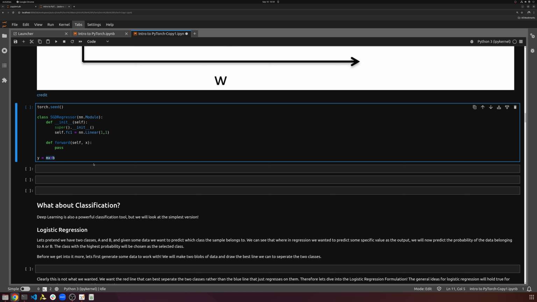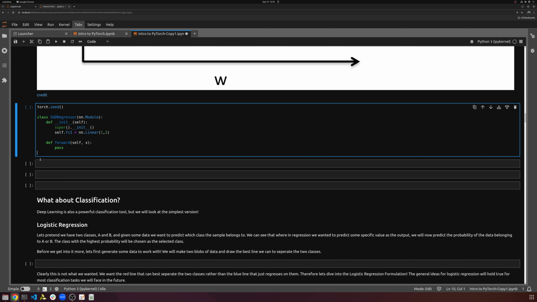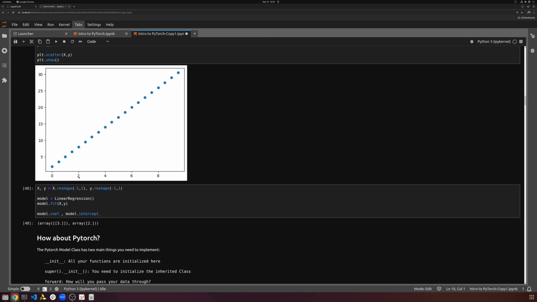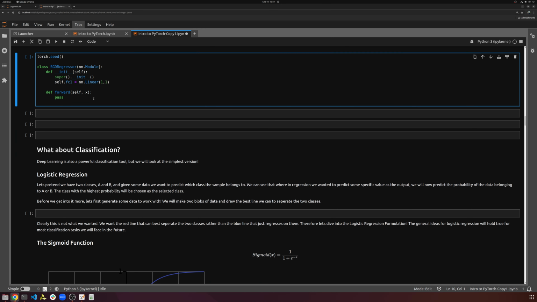If we had done it differently, if we had w0 plus w1 times x1 plus w2 times x2, in this case, we have two inputs, x1 and x2, and one output for y. So this would have been 2, 1 in that case. But in our case, it's just 1, 1 because we're doing a simple regression problem. We have one input, one output. Good. So this is our linear layer, and that's it.